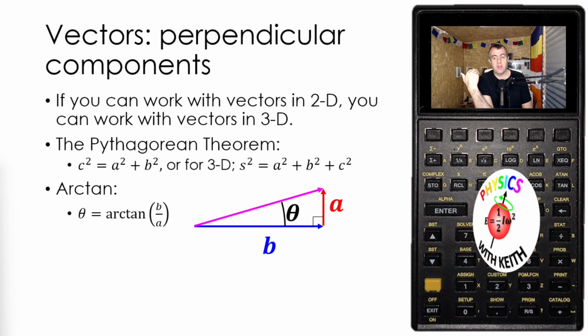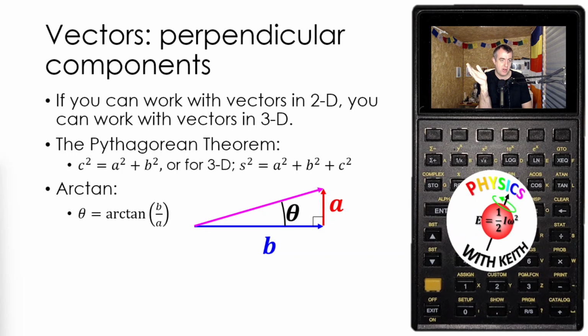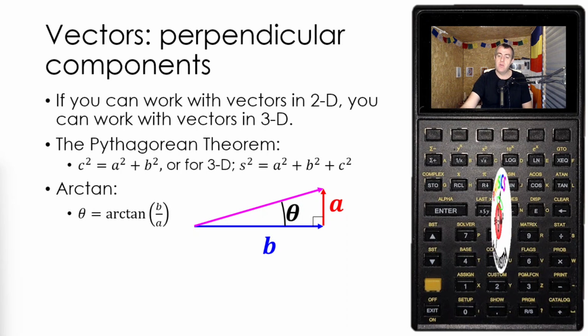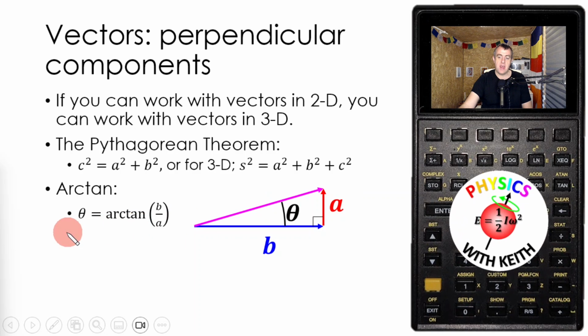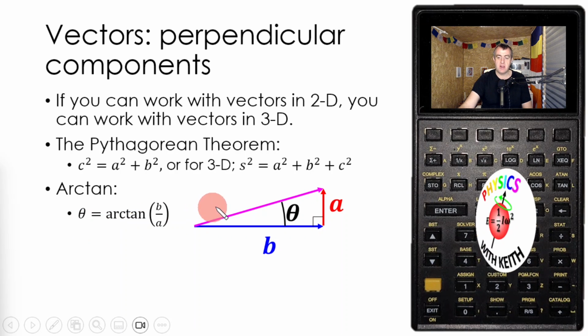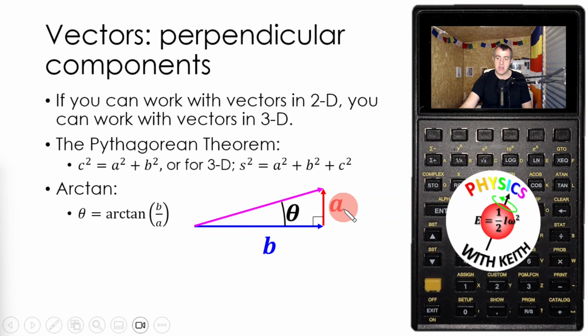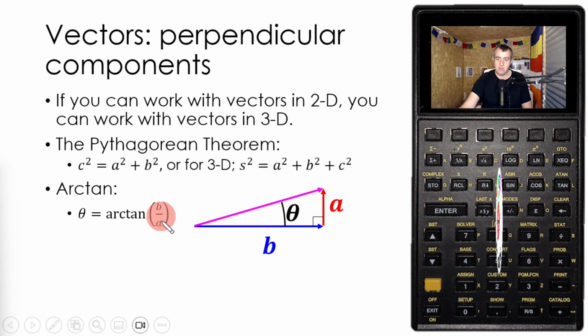If we want to compute the direction of a vector, let's just take two-dimensional vectors, but if you can do this for 2 dimensions, you can do this for 3 dimensions. If we want to compute the direction, we use arctan. So the tangent of an angle is going to be the opposite over the adjacent. In this case, it's A over B. So why have I written B over A there?